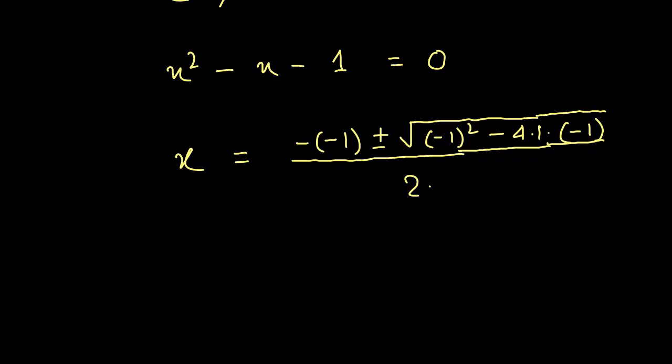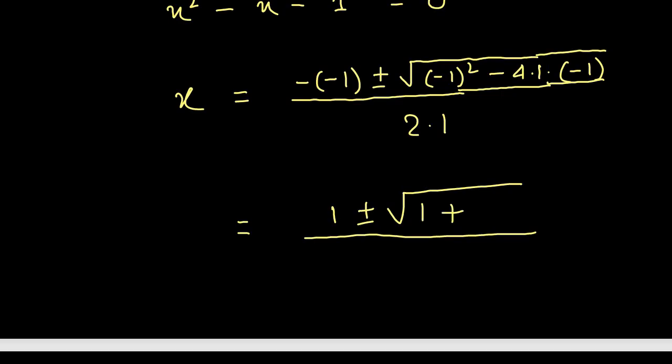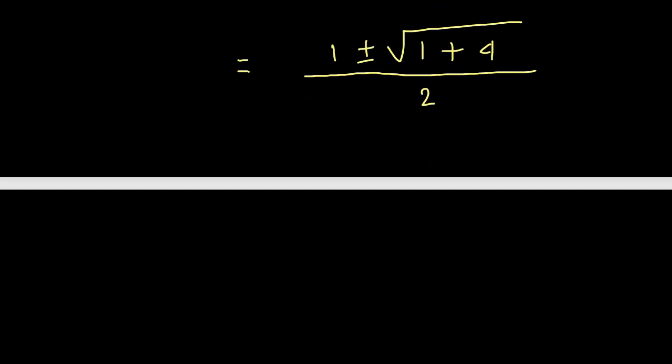If we simplify, we get 1 plus minus square root of 1 plus 4, divided by 2, which equals 1 plus minus square root of 5 by 2.